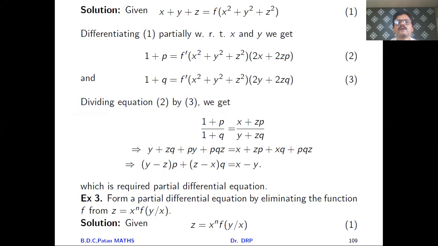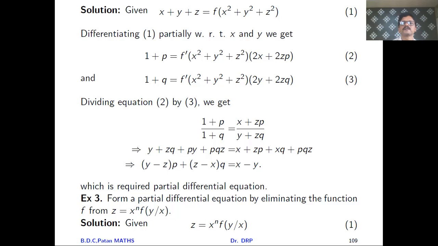Before it, we studied how to form a partial differential equation by the elimination of arbitrary constants and the examples based on it. Now in today's lecture, we will discuss the rest of the examples based on how to form a partial differential equation by the elimination of arbitrary function.